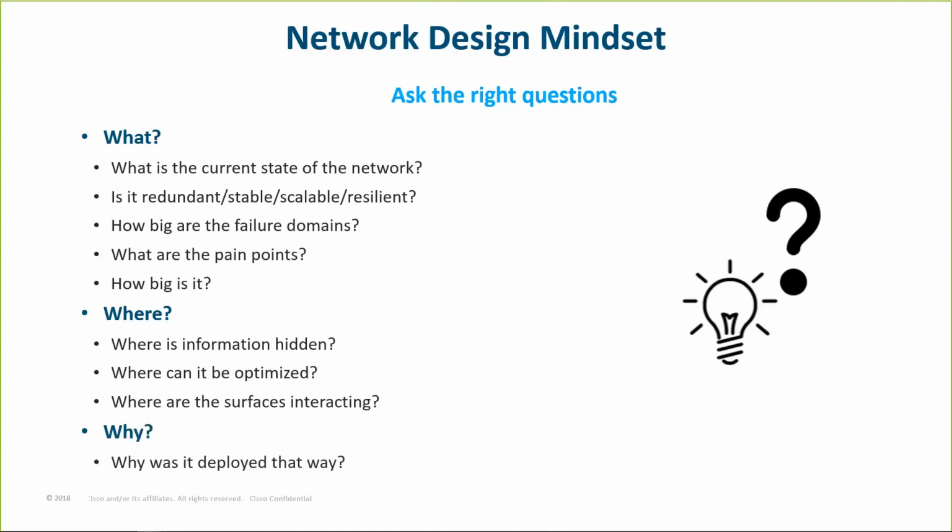Why were you having a big failure domain? Because we didn't plan properly and divide it into pieces. Why didn't you plan this? Well, because we didn't have the knowledge about this, or because these features were not supported, or whatever the reason. We need to ask the question more than once. This is a multi-level question, and it's really convenient to just keep asking till we get to the root cause of this.